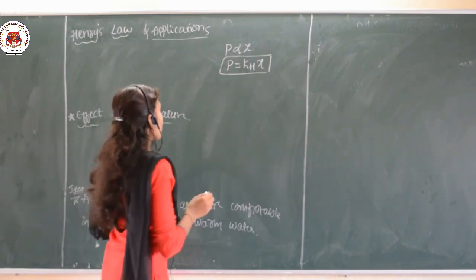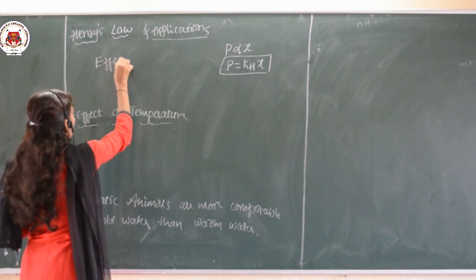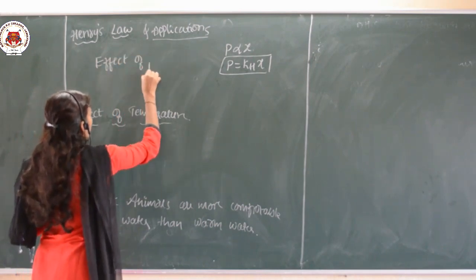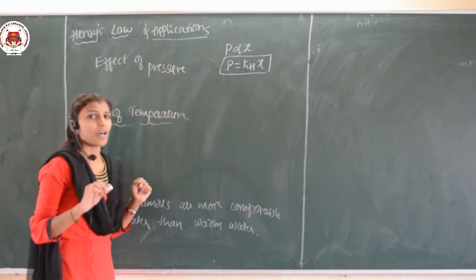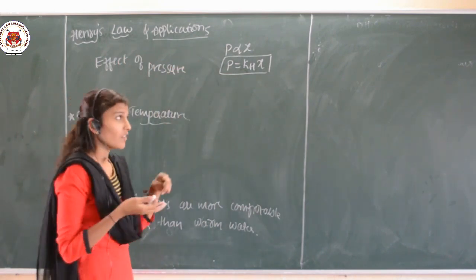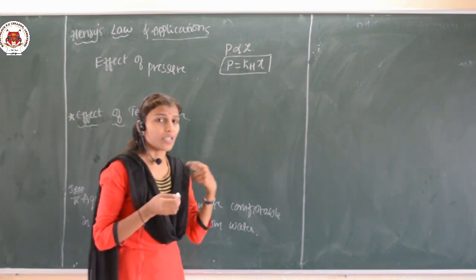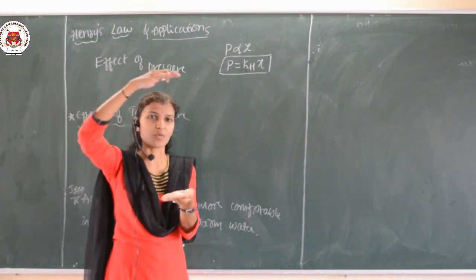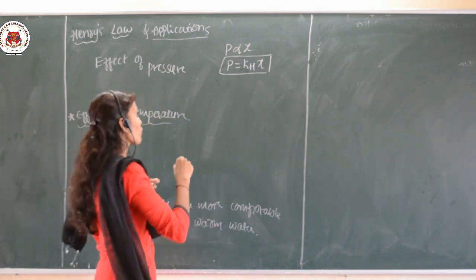Okay. So, we say here the effect of pressure. It means as the pressure increases, the gas becomes more soluble. As we apply more pressure, the gas becomes more soluble.